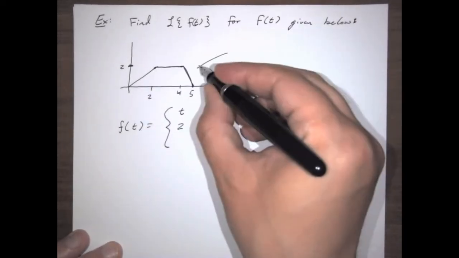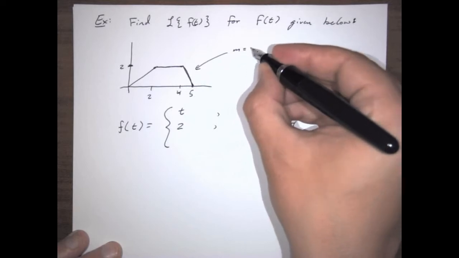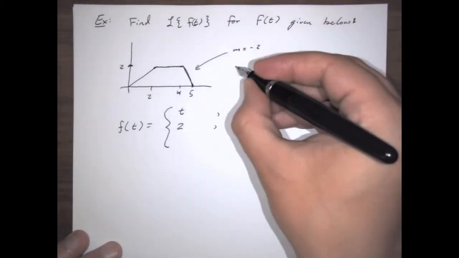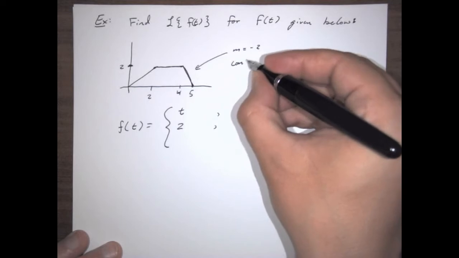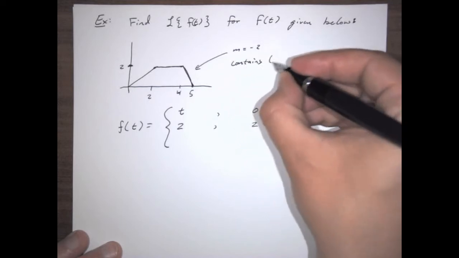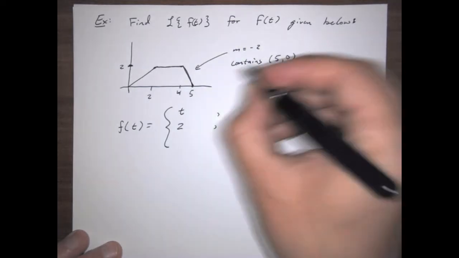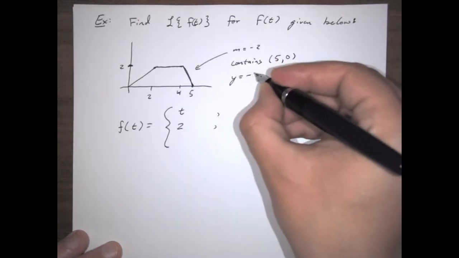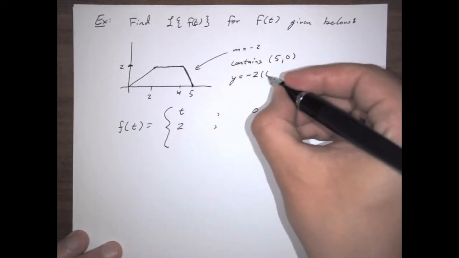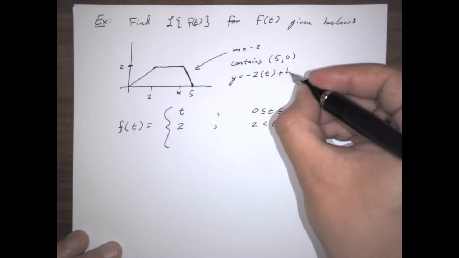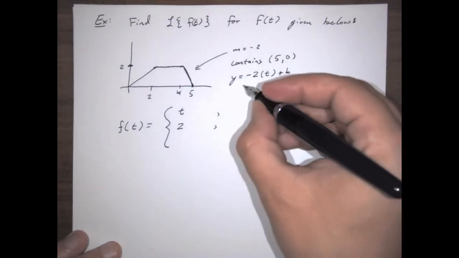And then for this part, let's figure this out. So if m is -2, and it contains the point (5, 0), then we could say y equals -2 times t plus b, and solve that for b.